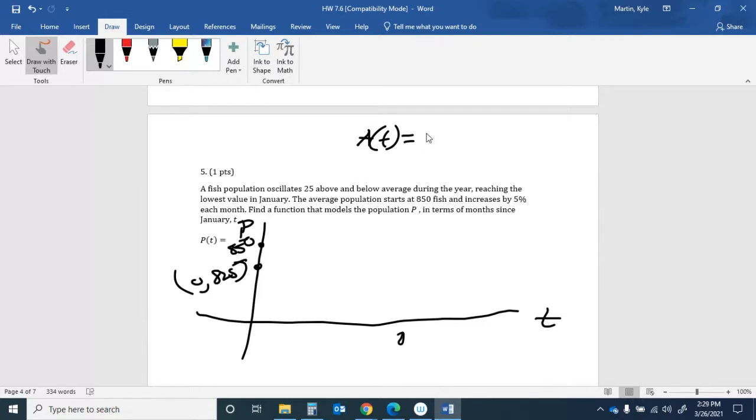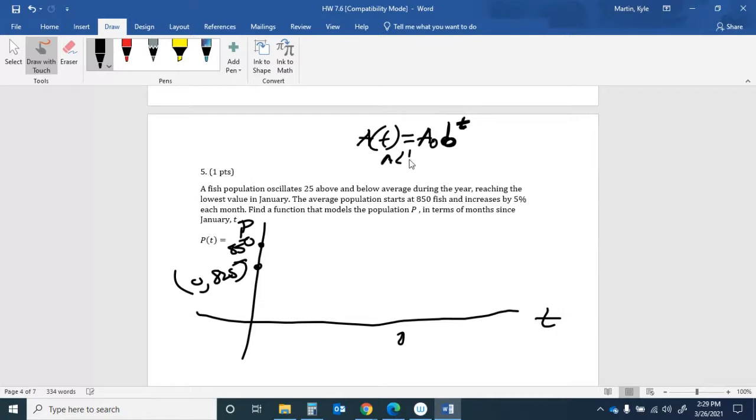So a sub t equals the initial population, a sub 0, times b, the growth factor, how much you're growing by, the base, the thing being raised to a power, to the t power, where t is your time unit. Here it's months. So this is your basic, your generic exponential growth function.